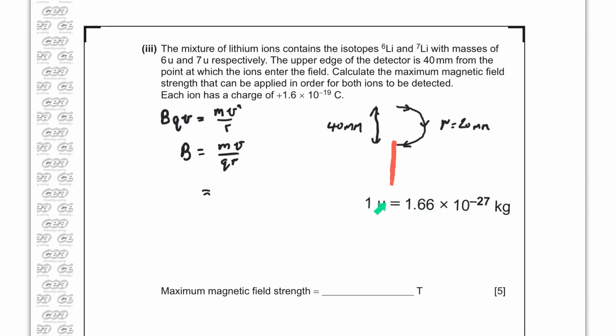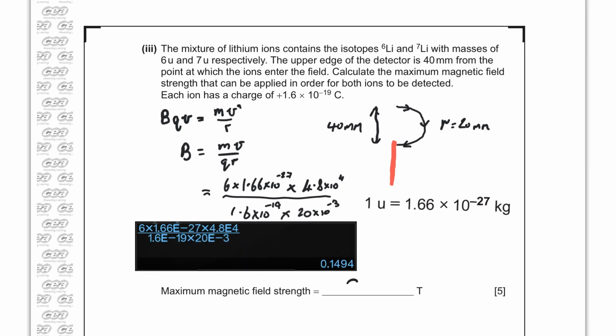Just reminding ourselves from the formula sheet of the mass belonging to 1u, we need 6 of those in our mass. We had a velocity of 4.8 times 10 to the 4, and the charge and the radius from here and here. Just be careful that this one is in millimeters. And that gives us 0.15 Tesla.